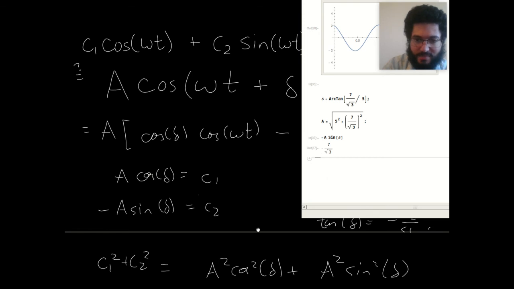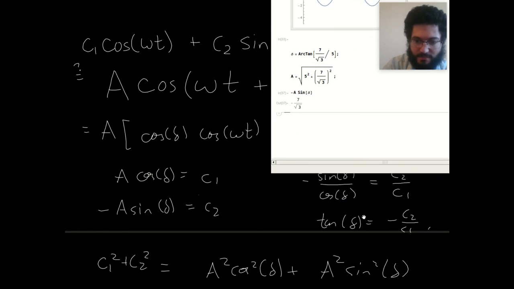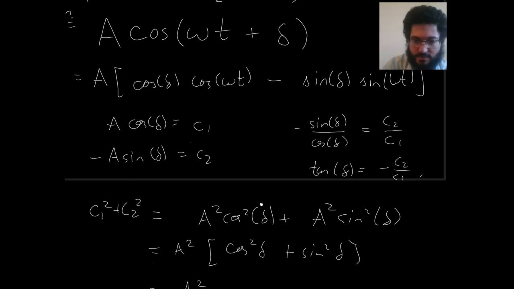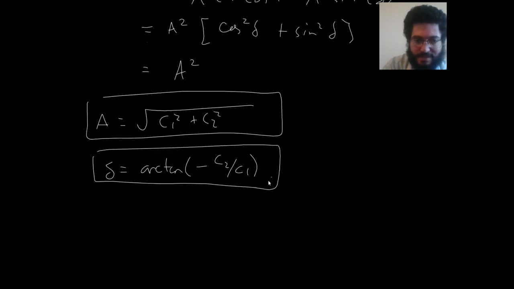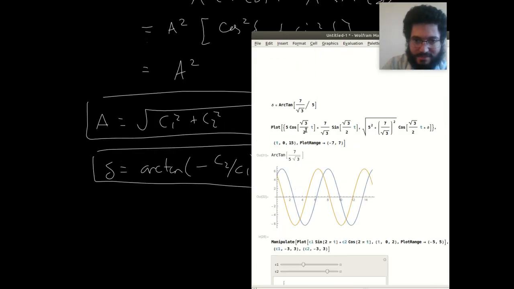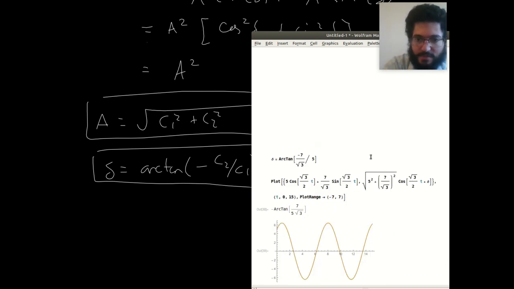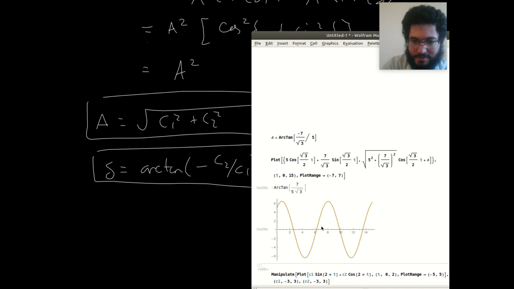Oh, I see my mistake. The formula was tangent delta is negative C2 over C1. What I wrote down here, delta is negative arctan C2 over C1. So I should have done it like this from the very start. Ah, there we go. Now the orange line is on top of the blue line. So now these really are equal.